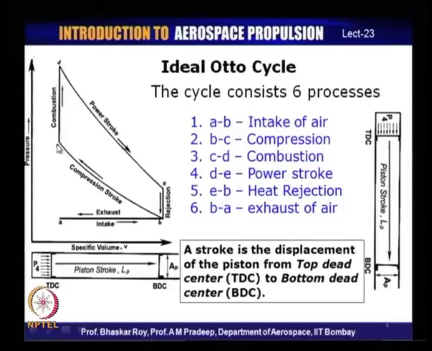And then from C you have a burning of fuel. This is the combustion process. So, in the process of burning of fuel, this compressed air is now raised in temperature to a higher level as per the laws of thermodynamics. When you raise the temperature, the pressure also goes up.